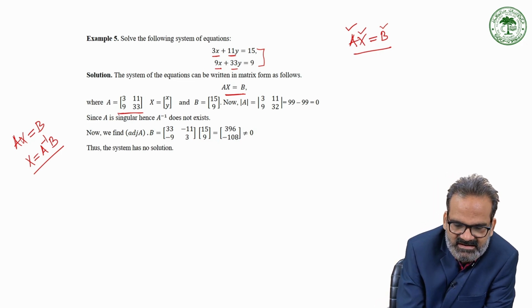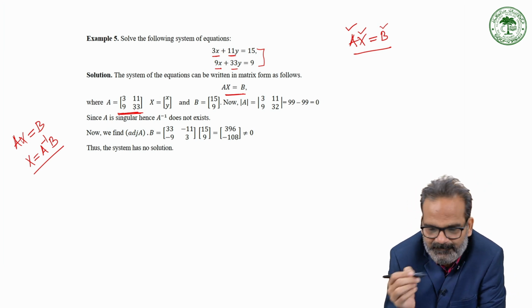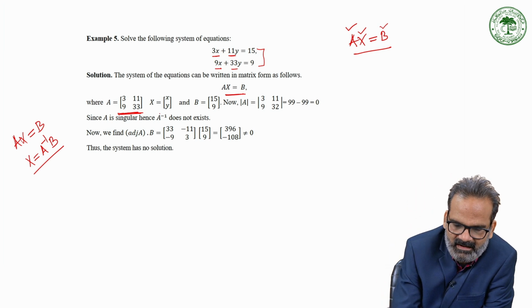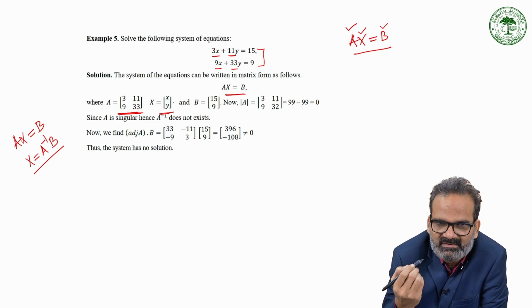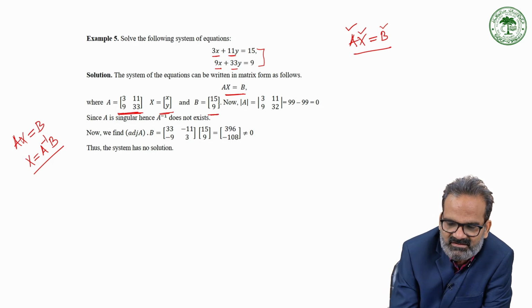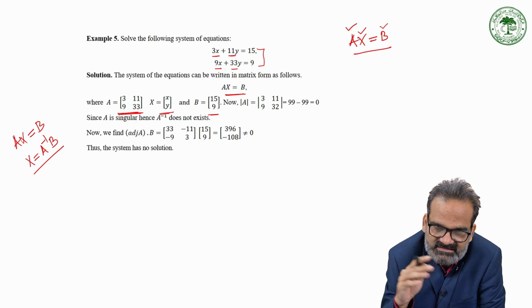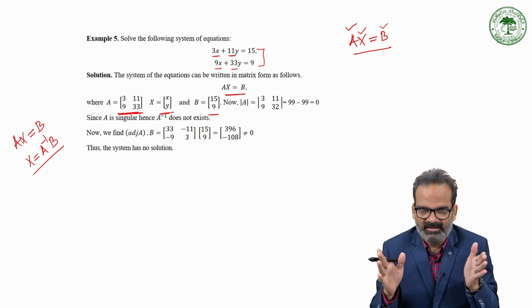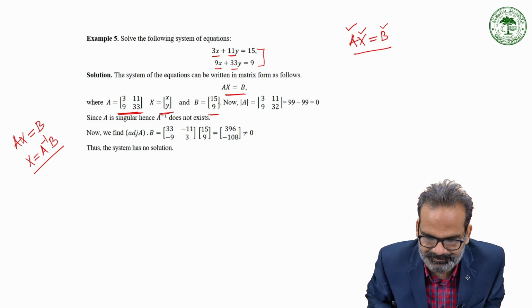This is the matrix of coefficients of the variables x and y. B is the constant terms at the right hand side, that is 15 and 9. This is our system, Ax = B, in matrix notation.